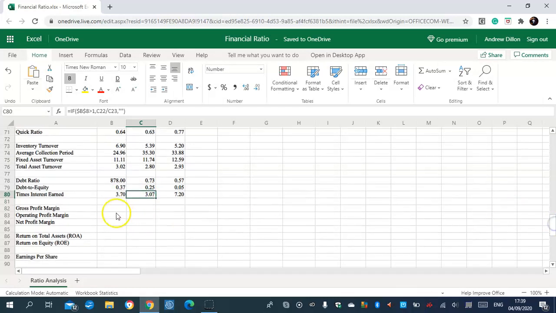Well, gross profit margin will be the next step.